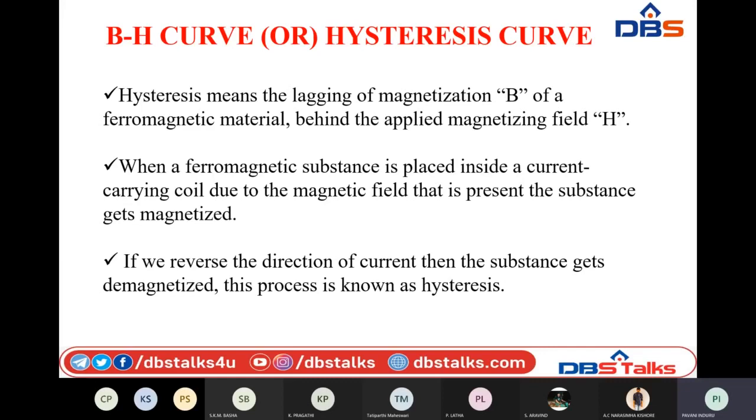Whenever we remove the properties, it will lose its magnetism and behave like a normal ferromagnetic material instead of behaving like a magnet. So these are magnetization and demagnetization. Hence hysteresis will take place only in the case of ferromagnetic materials while we magnetize and demagnetize them.